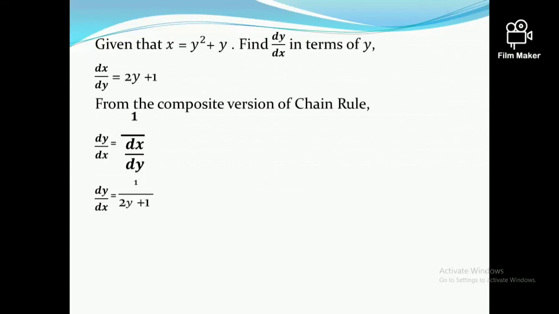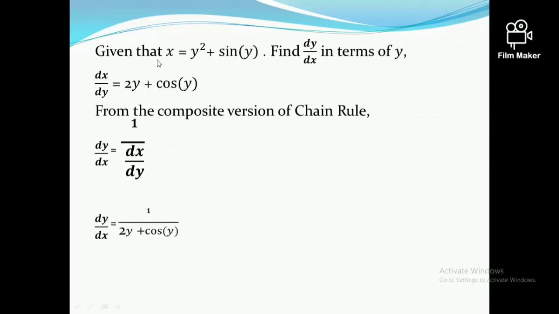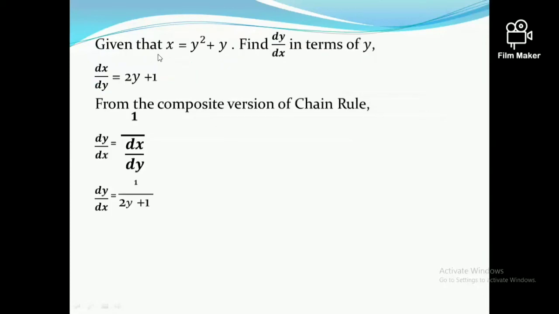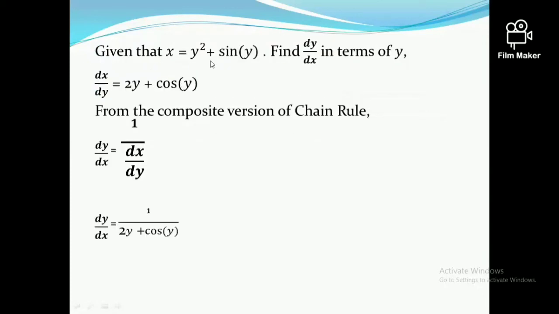Remember that from this fact we get a function of y, right? Let's come up with the next one. This one is x equals y squared plus sine y. X is a function of y. In our previous examples, you could say y is a function of x. But in this situation, x is a function of y.